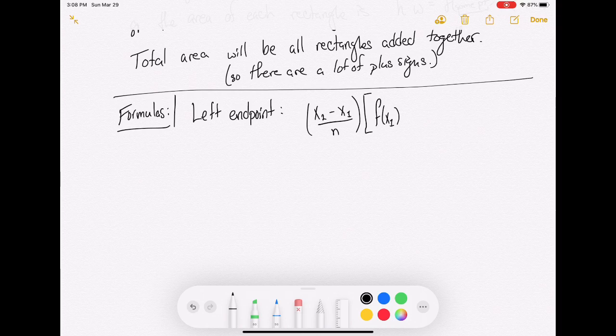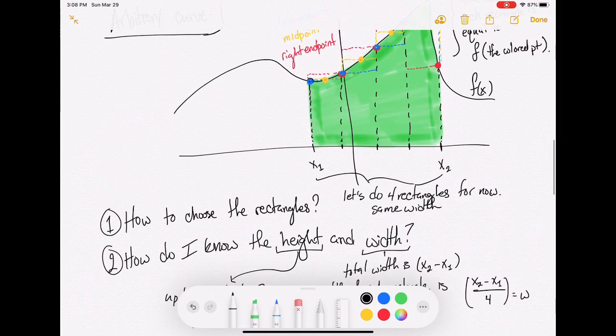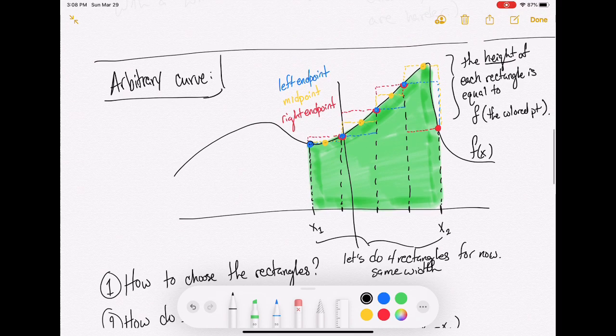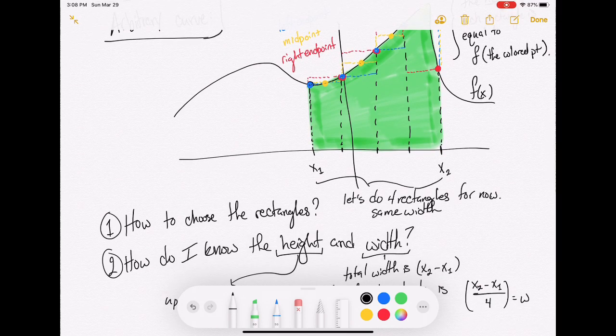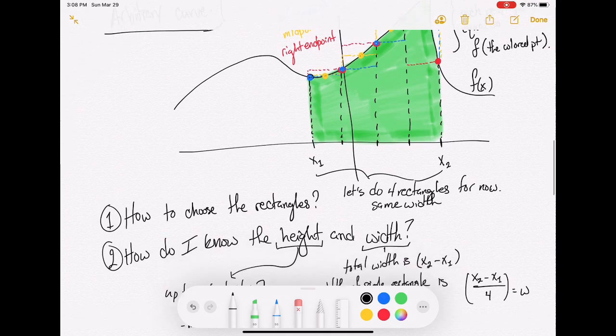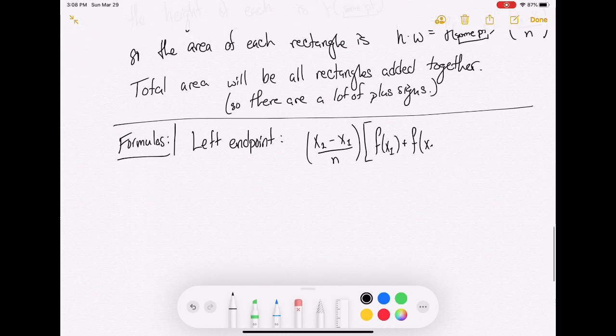And then if I run back up here really quick, I see that the width of each rectangle is x2 minus x1 divided by n, so I just have to shift the x inside of my function by that much to see the next point that we evaluate at.